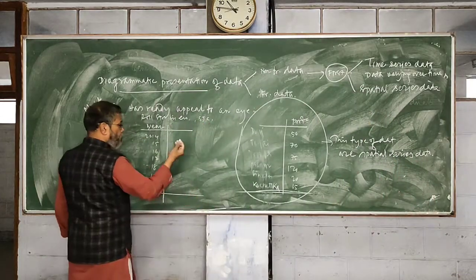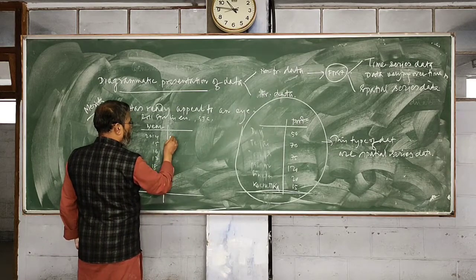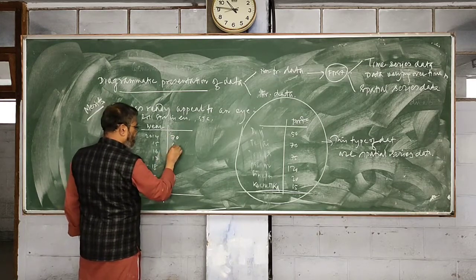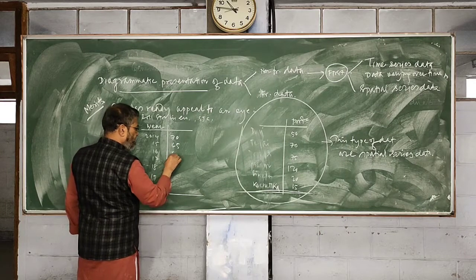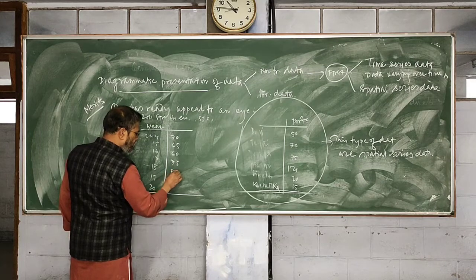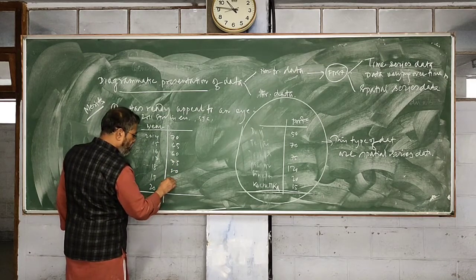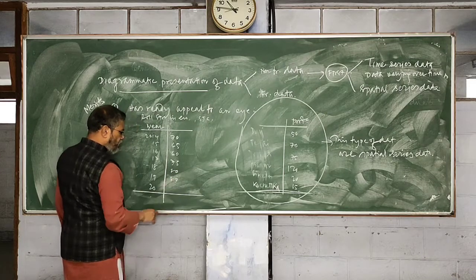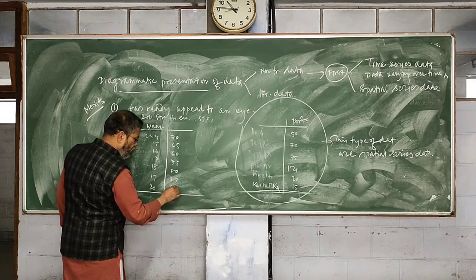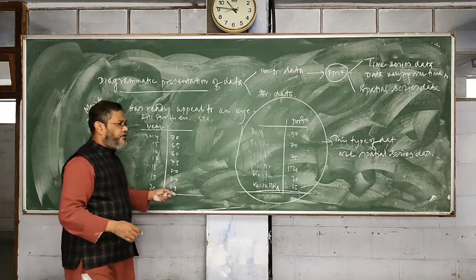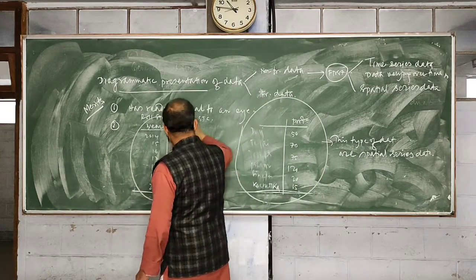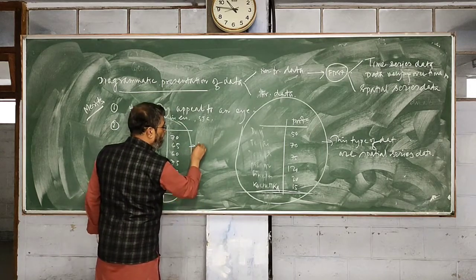Suppose it was, I remember, suppose 70, then 65, then 60, then again 75, then suppose 80, and then suppose 87, and this year suppose around 89. This figure, hypothetical figure. But this set of data is time series data.